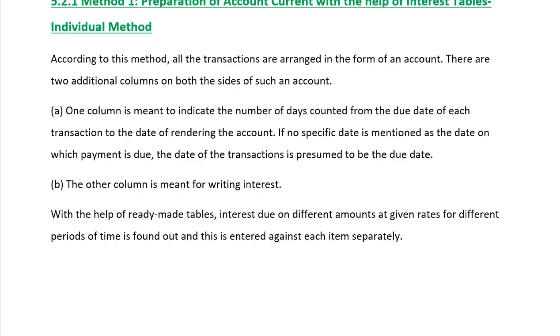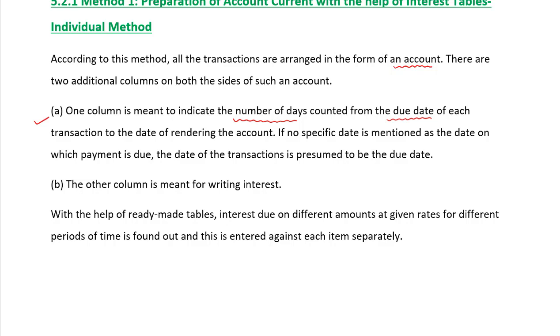According to this method, all the transactions are arranged in the form of an account. There are two additional columns on both the sides of the account. One column is meant to indicate the number of days from the due date of each transaction to the date of rendering the account.